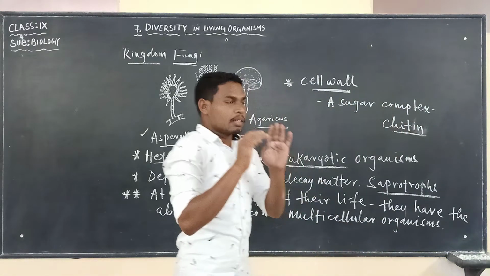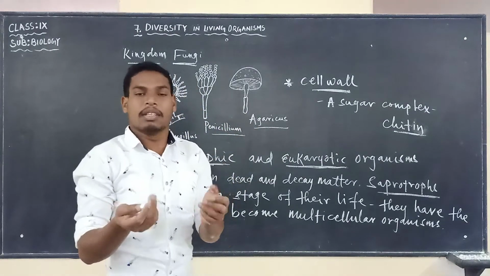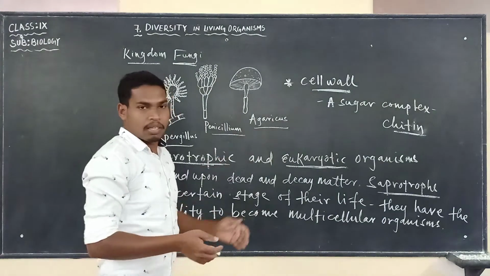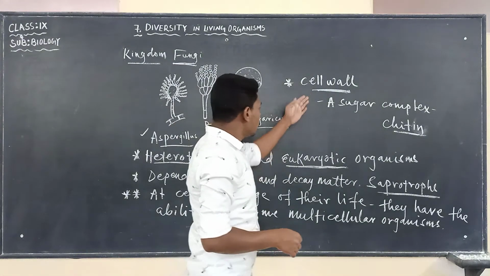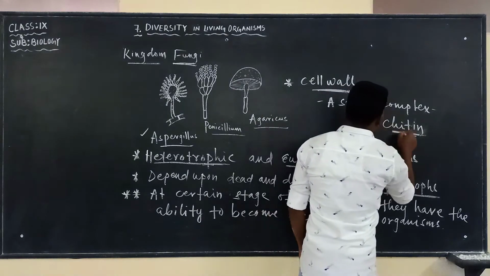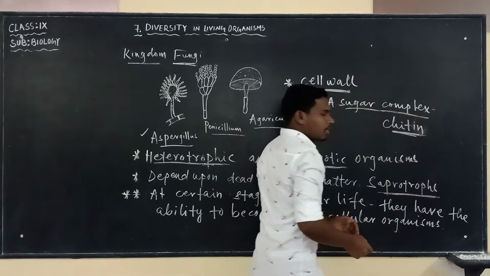Chitin is the component of the cell wall for fungi, whereas for plants it is cellulose. That's why plants undergo photosynthesis. So the cell wall of fungi is chitin, a complex sugar.